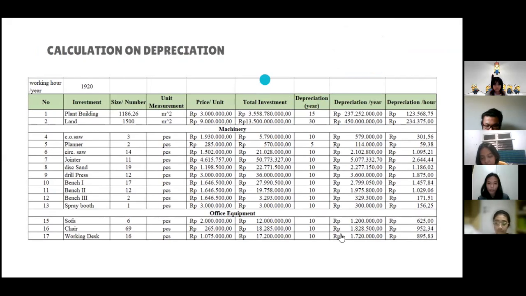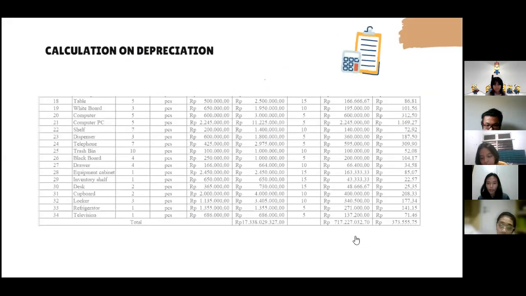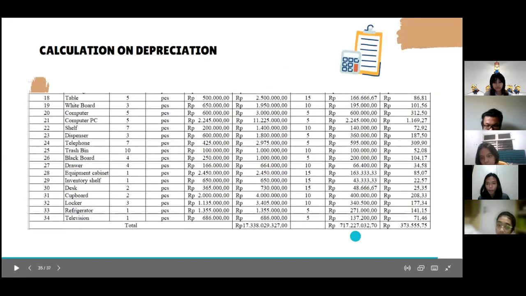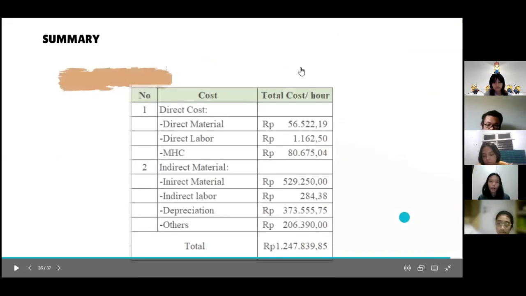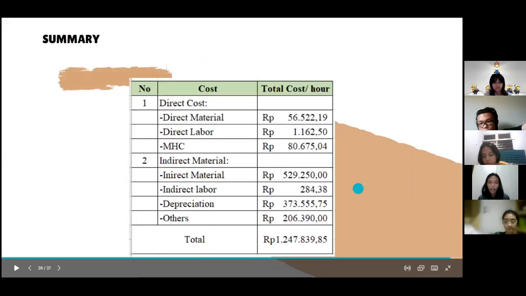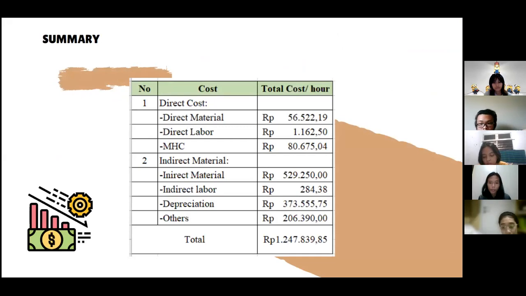The total investment is around 700 million, and per year and per hour it is 373 million rupiah. For the summary of production cost, we already know about the direct cost and indirect material. The total cost per hour is 1,247,839 million rupiah.